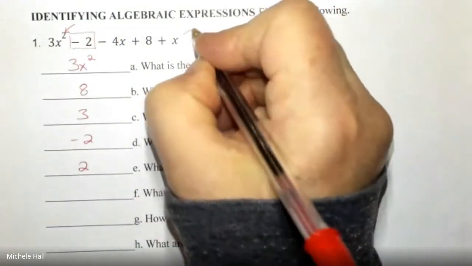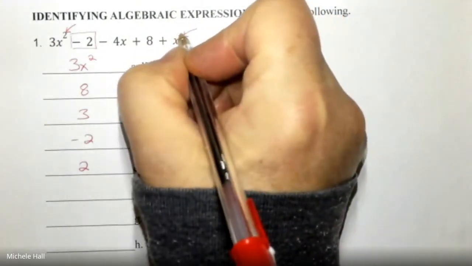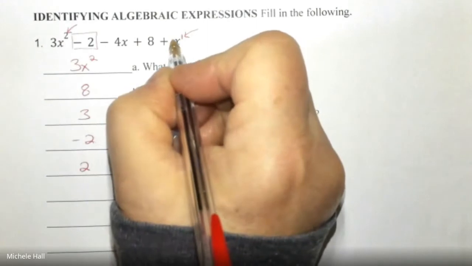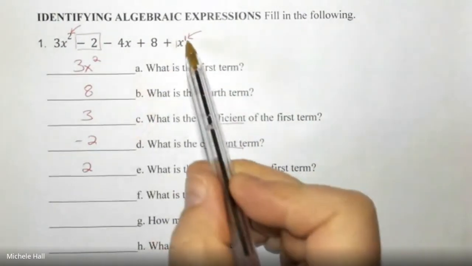What is the exponent? We know from taking notes previously that if I don't see a number, it's understood to have a 1 for an exponent. It's also understood to have a 1 as a coefficient if I don't see it. So the exponent of the fifth term is 1.